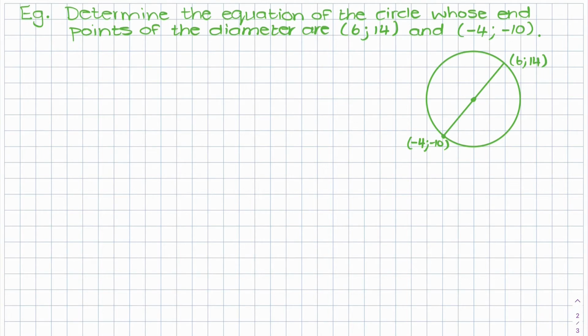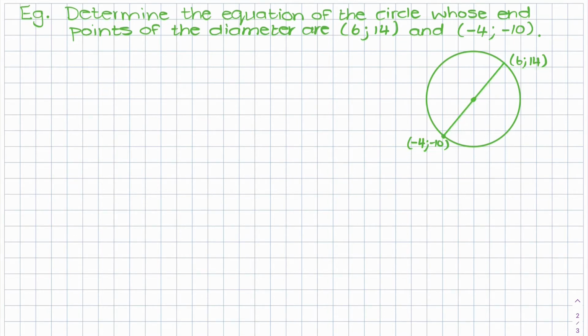In this example, we are told to determine the equation of a circle whose end points of the diameter are given as (6, 14) and (-4, -10). It's helpful to have this in a diagram so that we can see what information we are given and what information we can get from what we're given. Here is our diameter, and here are the coordinates of the points that we were given.